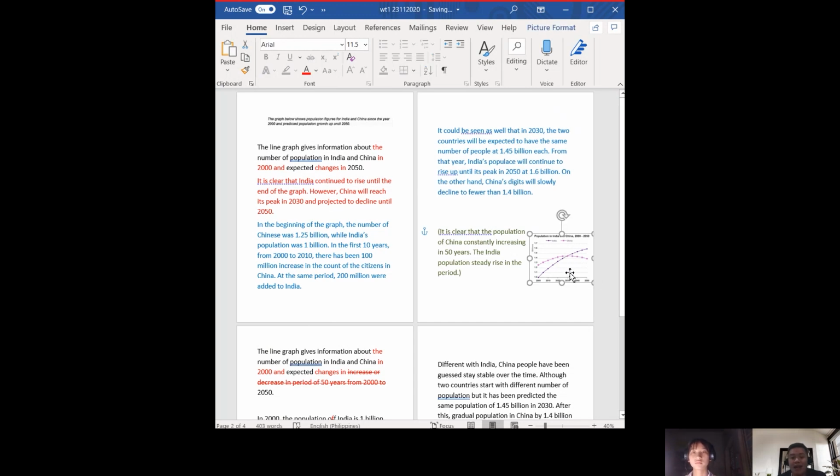Did you talk about all the information in the line graph? No. We just picked the first 10 years, from 2000 to 2010. Then we also have the last 20 years, from 2030 to 2050. Are we on the same page now? Very good. Any question? No.